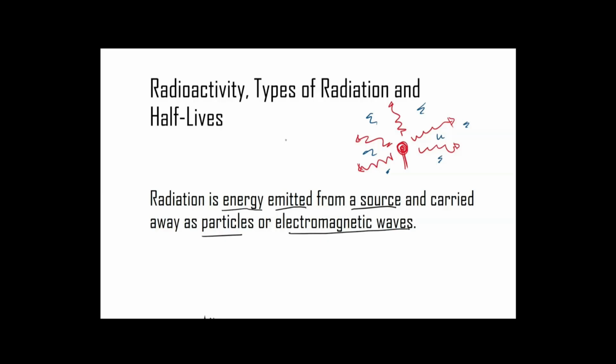If you have an X-ray, say you break a bone, X-rays are a type of radiation. In fact, they're nuclear radiation that come about from isotopes. So it needs to be an energy emitted. Emitted just means to be thrown out of, spread out from a source.